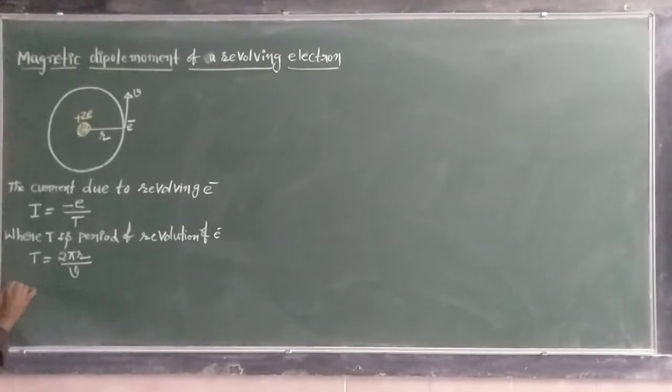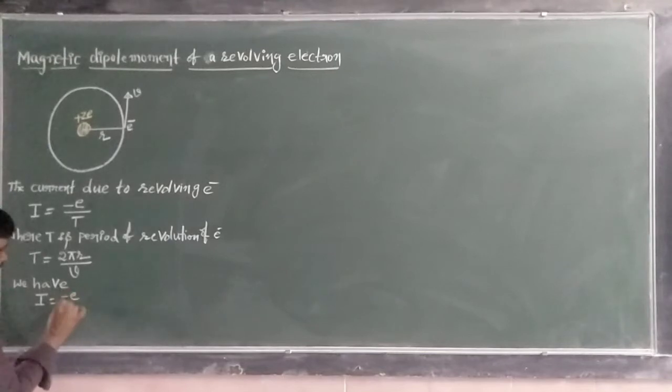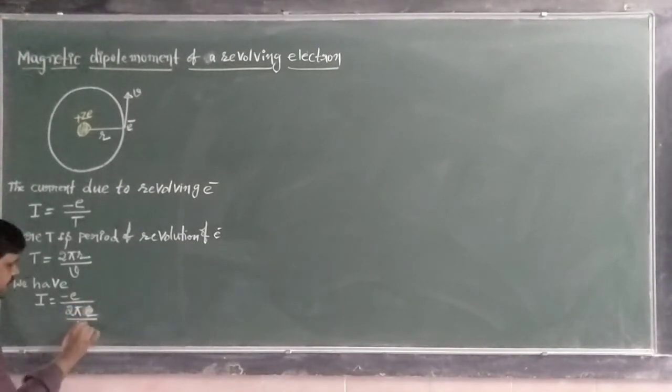Now from this, the current I is equal to charge minus e divided by T. T is 2 pi r divided by v.